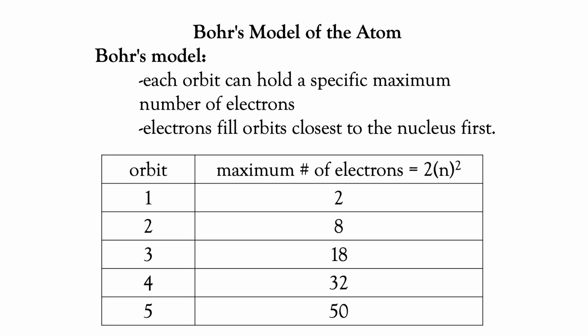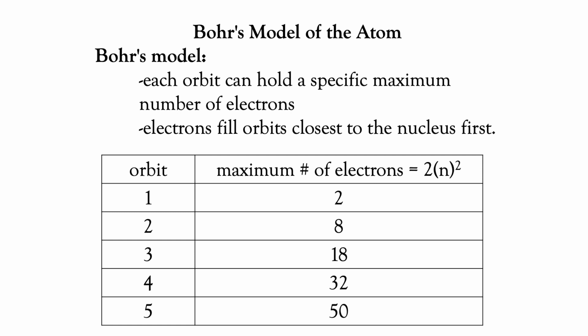Now each orbit can hold a specific maximum number of electrons. Electrons fill orbits closest to the nucleus first. So in this table, say you have the first orbit, the maximum number of electrons is 2.